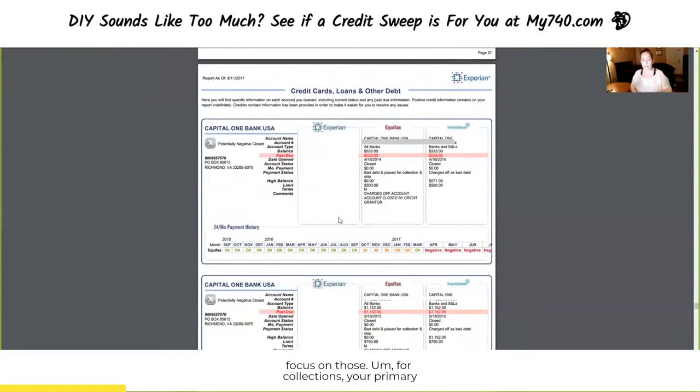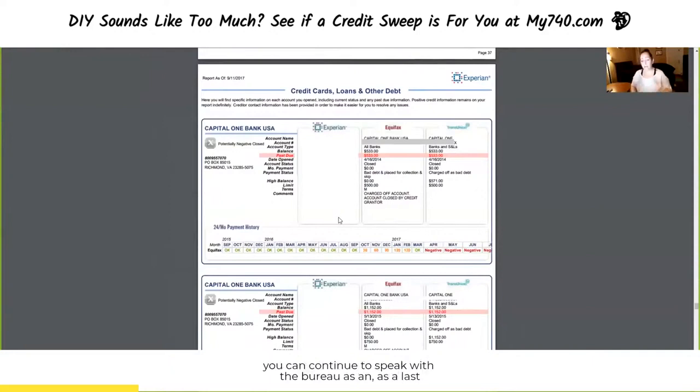For collections, your primary dispute is going to be with the actual collection agency. With charge-offs and late payments and everything like that, even foreclosures, repos, whatever, your primary dispute is going to be with the bureaus. So if you dispute a collection and it does not come off within your first 3 rounds of disputes with the collection agency plus the bureaus, then don't go and sue them and all that kind of stuff, although you can with letter 4, at least with the way I do it.